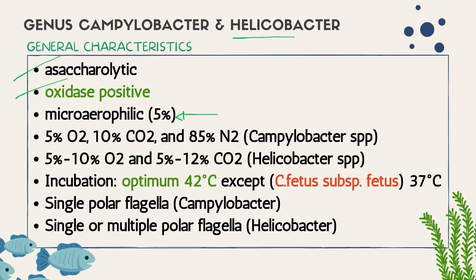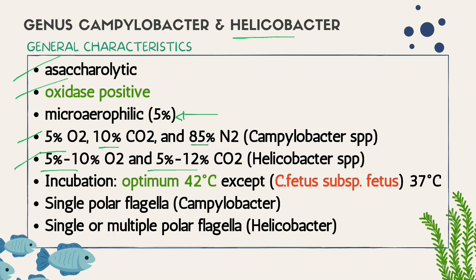Specifically for Campylobacter, requires 5% oxygen, 10% carbon dioxide, and 85% nitrogen. So, yan, 5, 10, 85. While for your Helicobacter, they require 5 to 10% oxygen and 5 to 12% carbon dioxide.